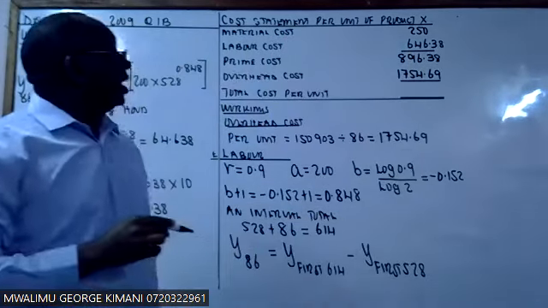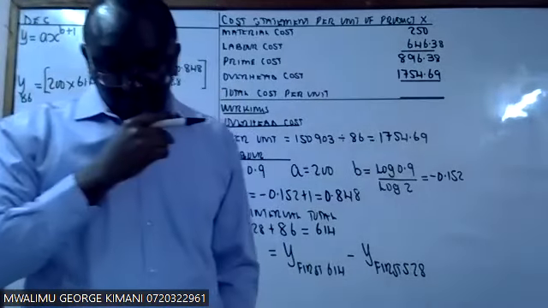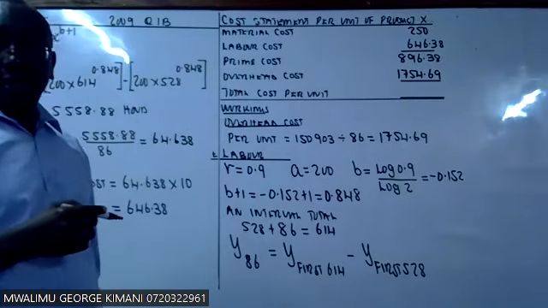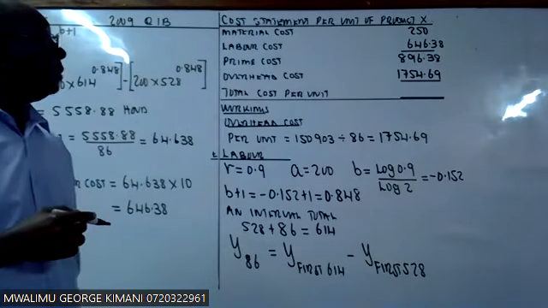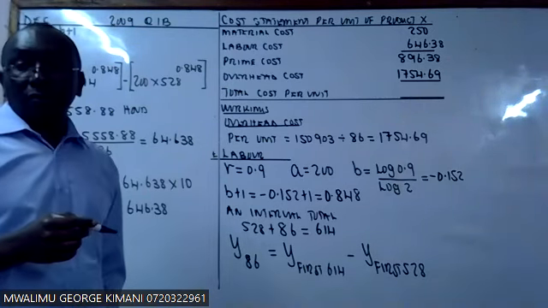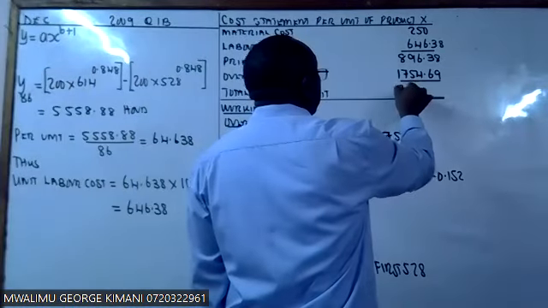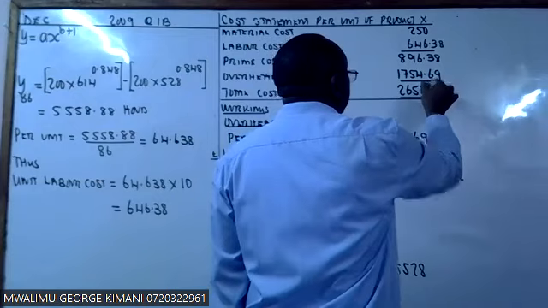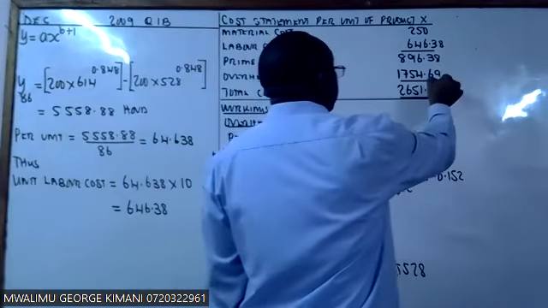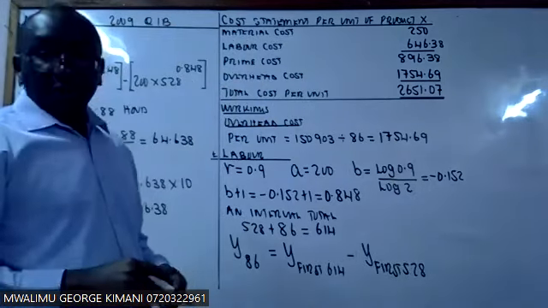So now add to the 1754 so that you tell me now what will be the total cost per unit. 2651.07.